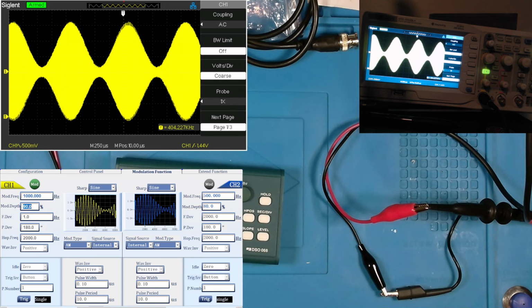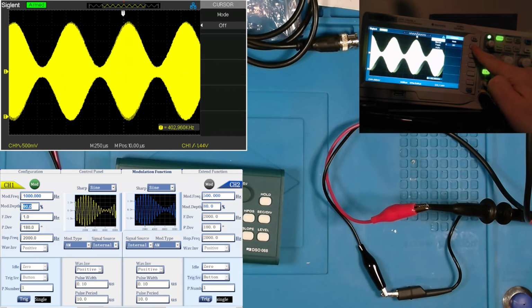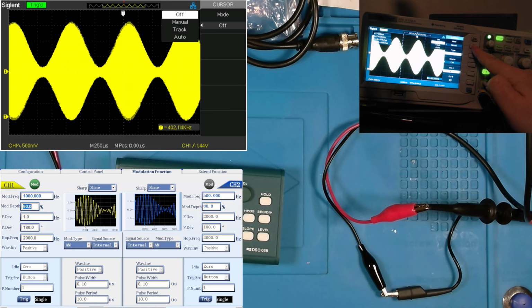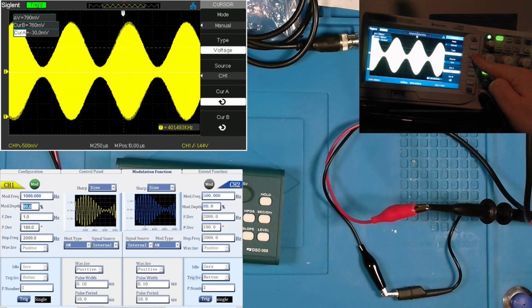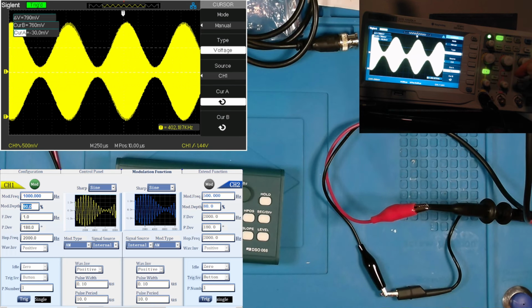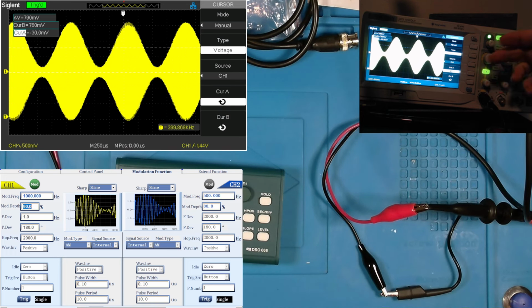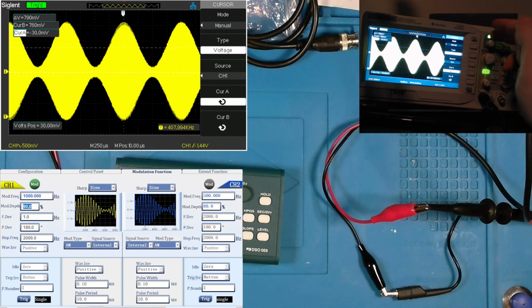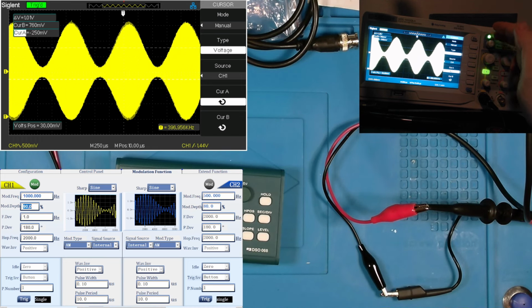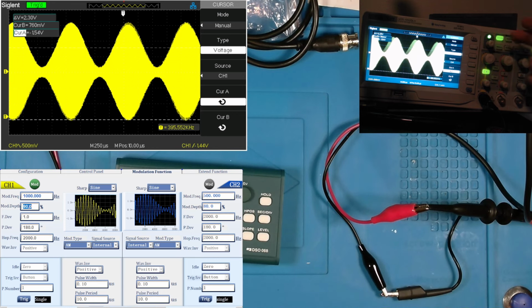Well, again, we can go to our cursors menu, turn it on, manual, and instead of time, we're going to go to voltage, and let's move channel A. Oop, wrong one. What am I thinking? Channel A, we're going to put to the lower portion of this peak.